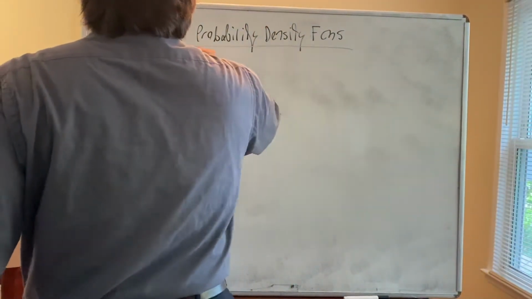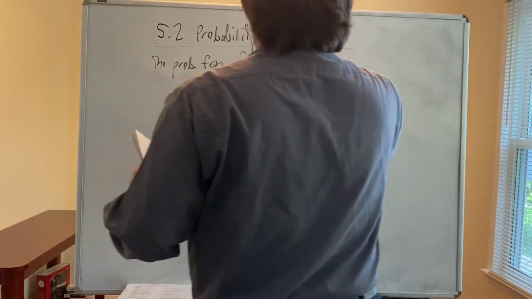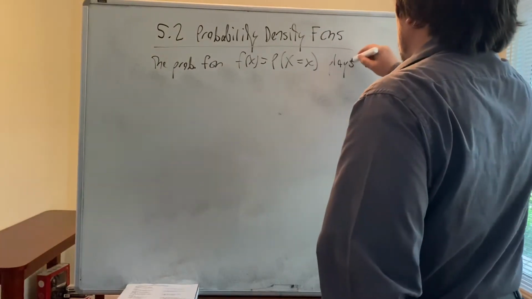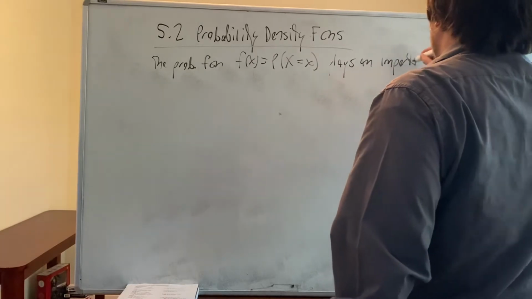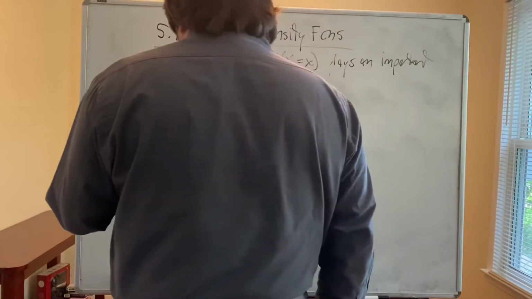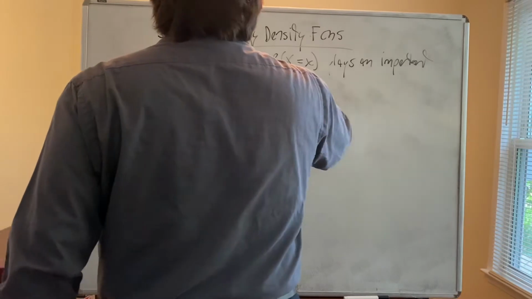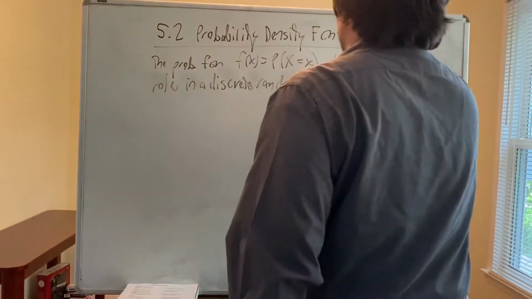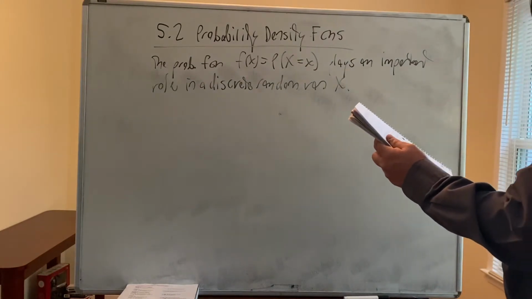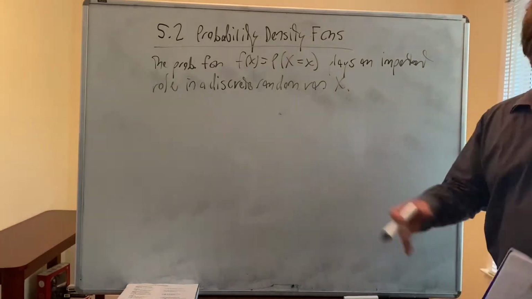The probability function f of x, which equals the probability that capital X equals little x, plays an important role in a discrete random variable X. Okay, so I'm going to get to the part where it's continuous.